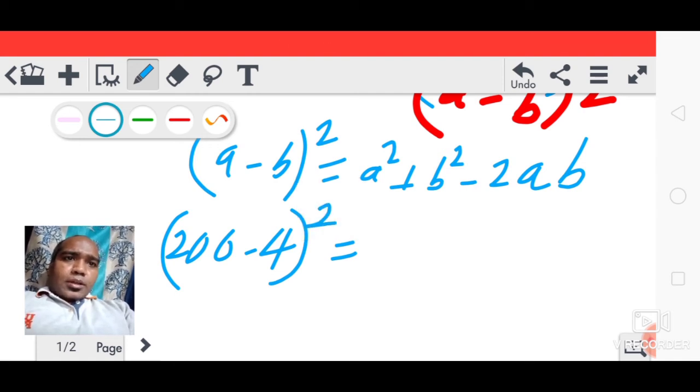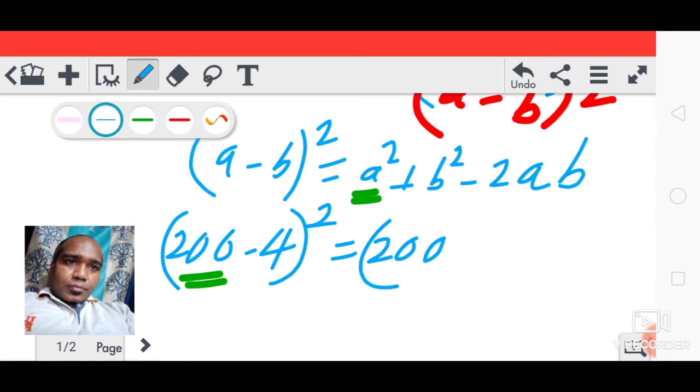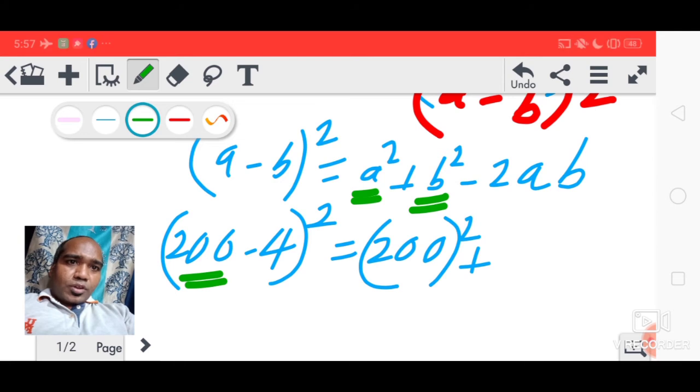Now we'll split according to the formula. A square. What is our a? Our a is 200, so we'll write here 200 square. Then plus b square. What is our b?